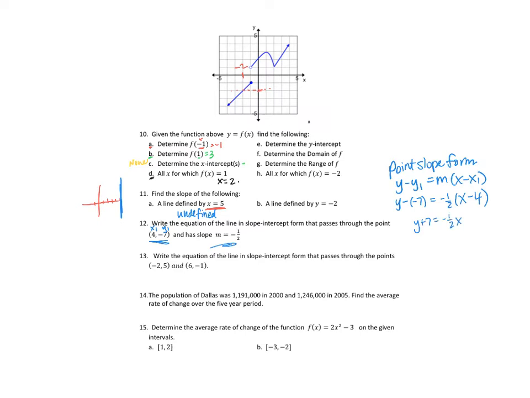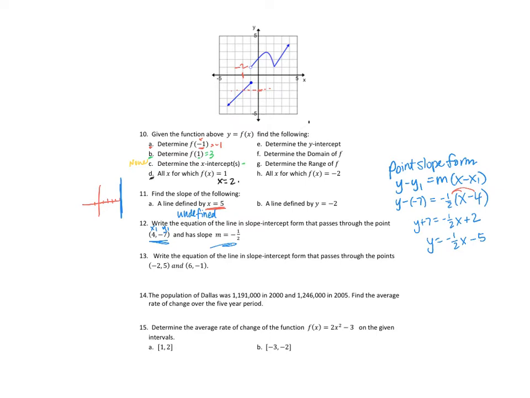And then when I multiply that -1/2 by the -4, I get positive 2. And then I can subtract the 7 over, and I get y equals -1/2 x. Let's see. 2 minus 7 is -5. So that's my answer.